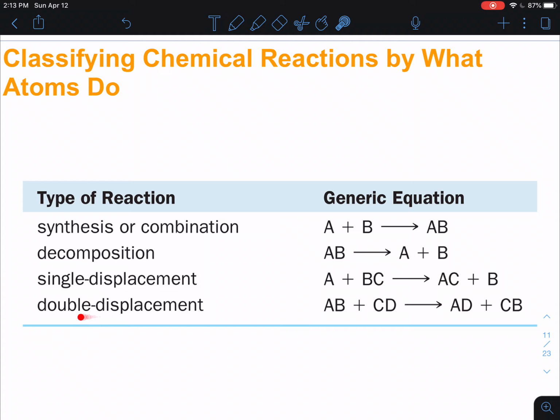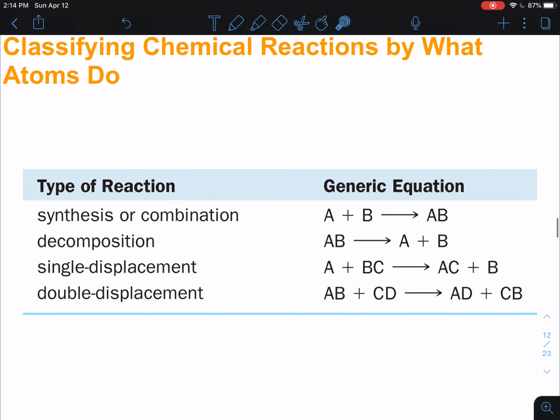Every single precipitation reaction that you have done in lecture and in lab is an example of a double displacement reaction. So this is just another way of classifying these kinds of reactions.